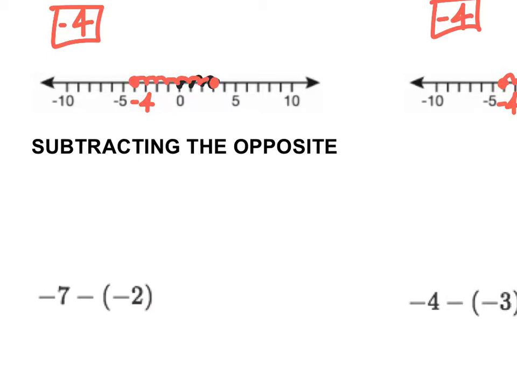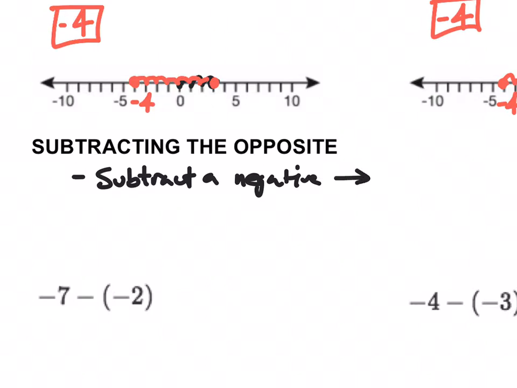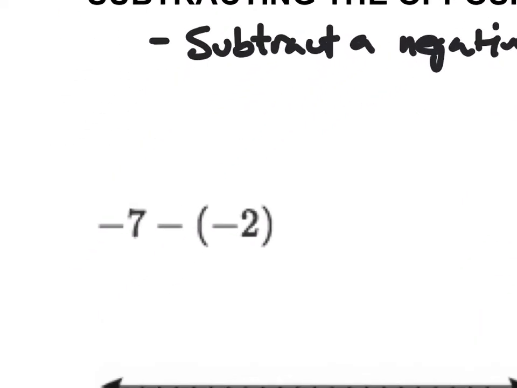So let me just write this down: when you subtract a negative, it really means just adding. Whenever I see negative 7 minus negative 2, I think the opposite of negative 2 is really just adding 2.